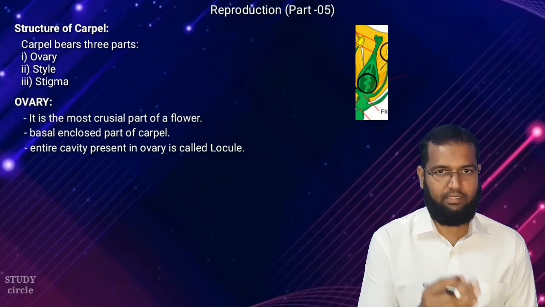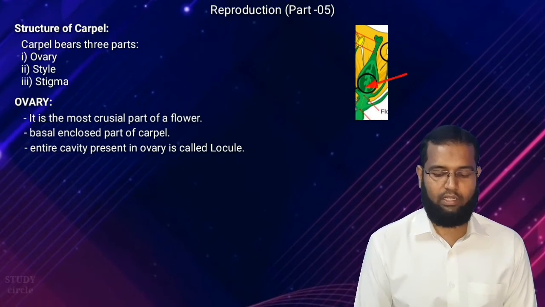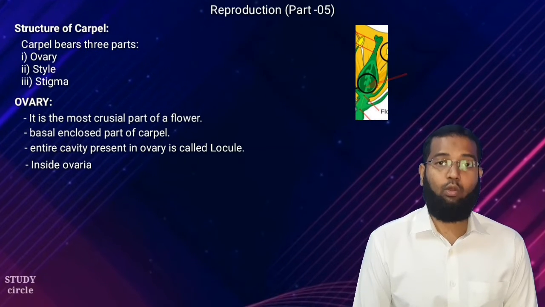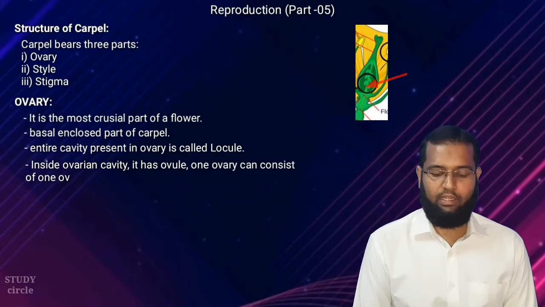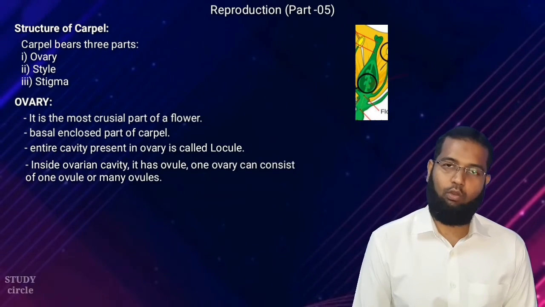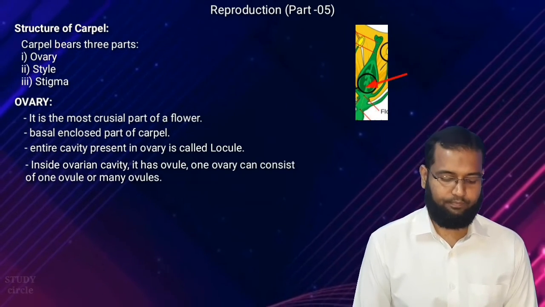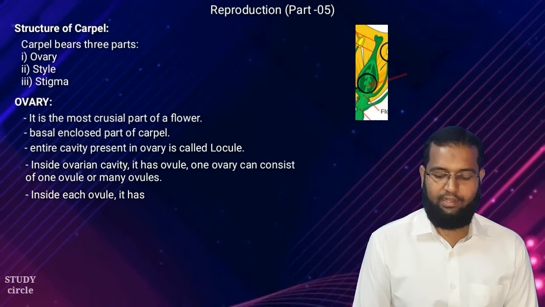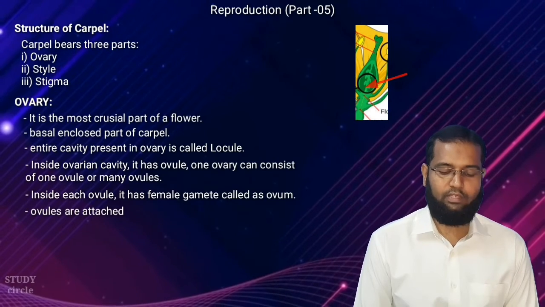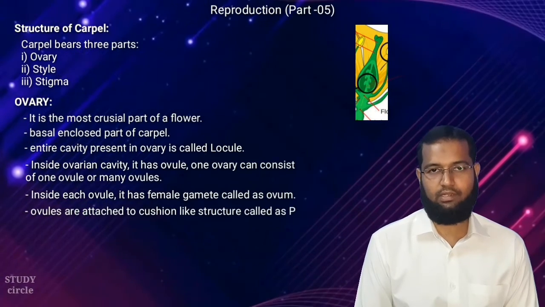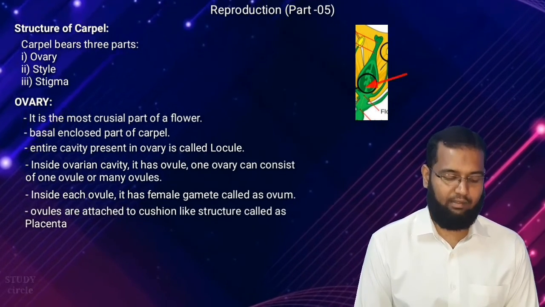Inside the ovarian cavity, there are ovules. One ovary can consist of one ovule or many ovules. Inside each ovule, there is a female gamete called the ovum. Ovules are attached to a cushion-like structure which is called the placenta.